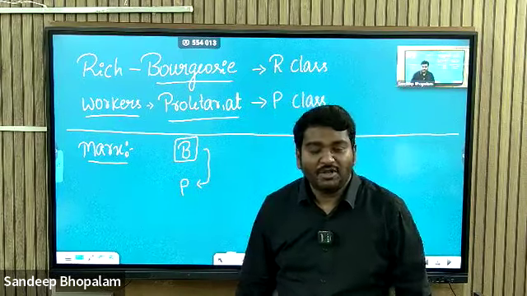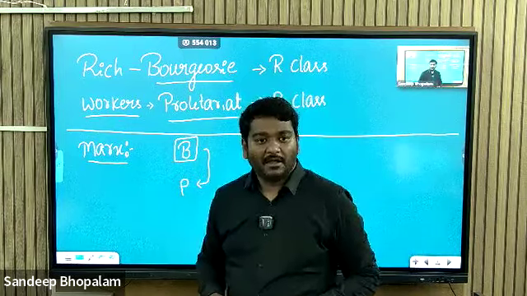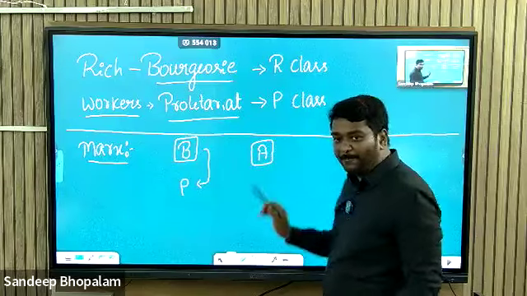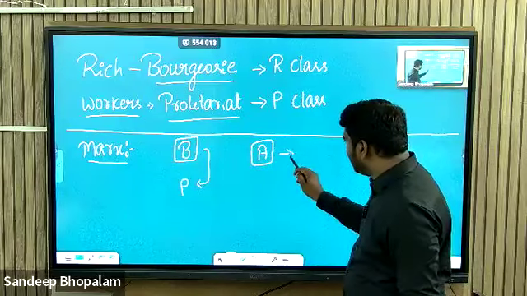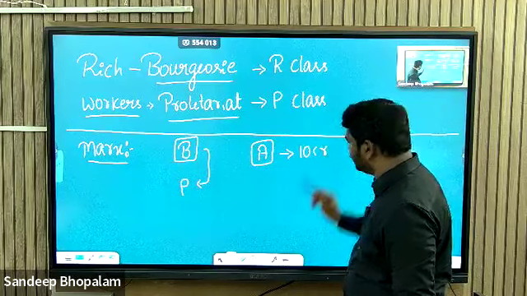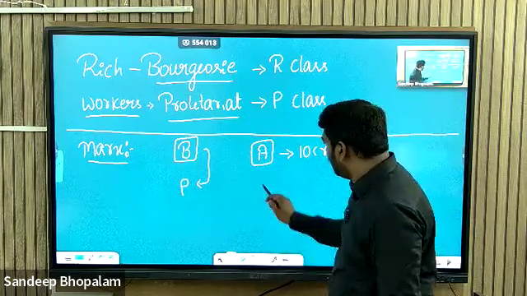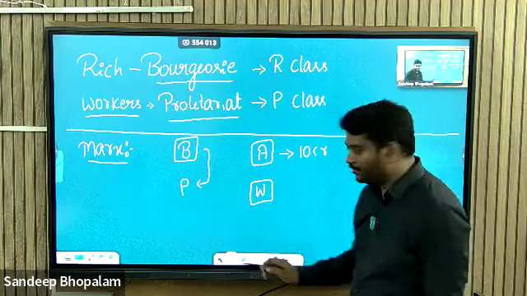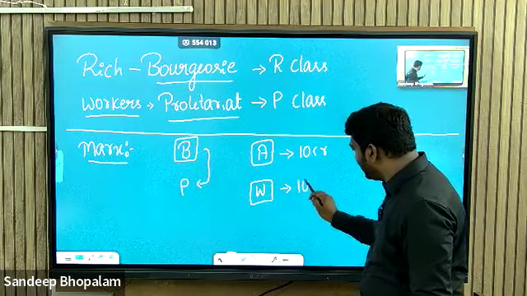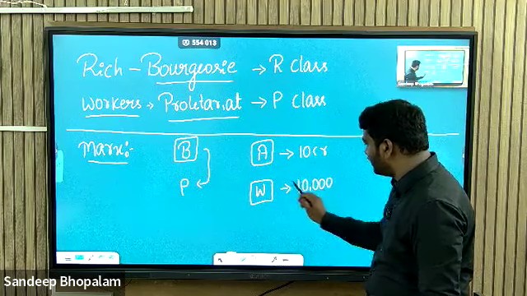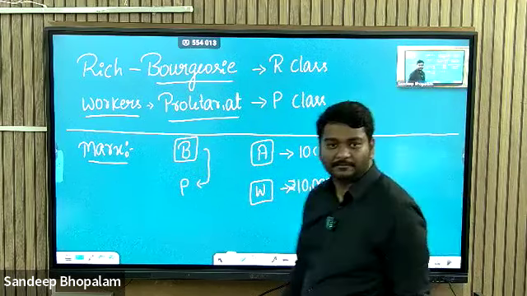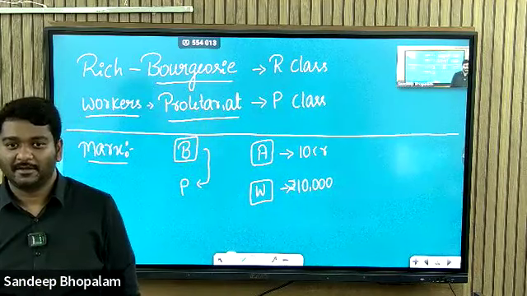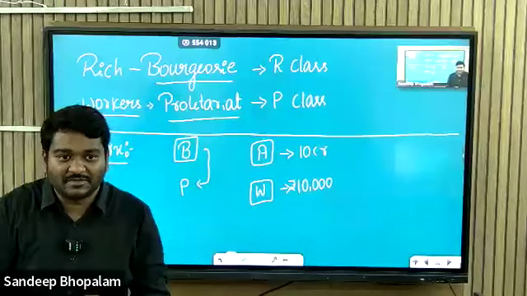How? Let us say there is a company A. Company A is getting a profit of 10 crore, but a worker working in that company is getting 10,000 rupees as salary. Who produced it? Whose skill is it to produce?